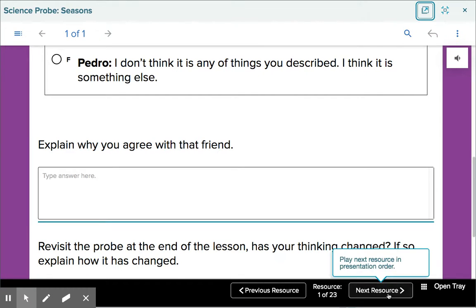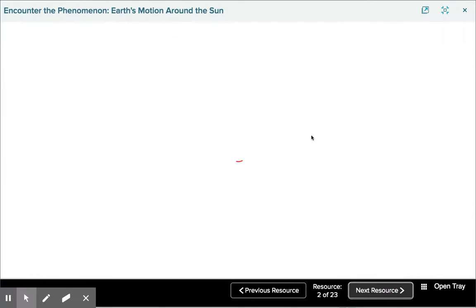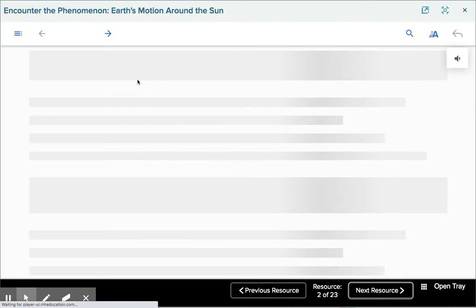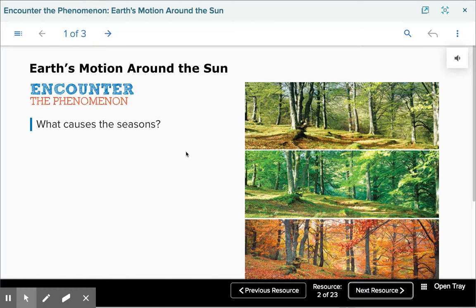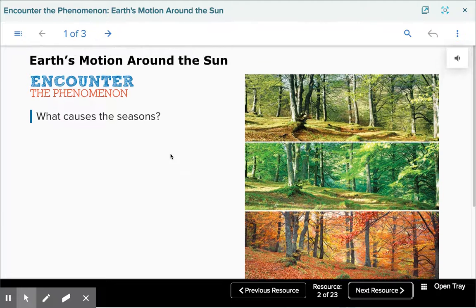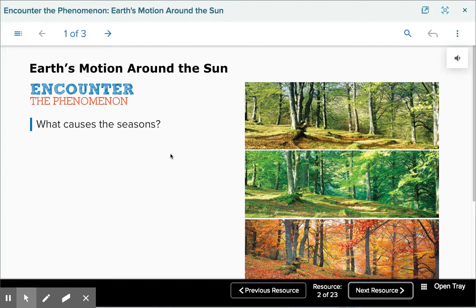Okay, when you are done with the science probe assignment, the next thing you're going to do is engage with this Encounter the Phenomenon. The question for the phenomenon is what causes the seasons.